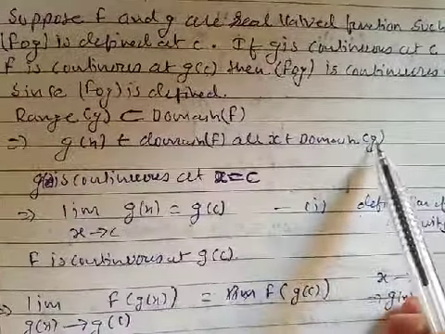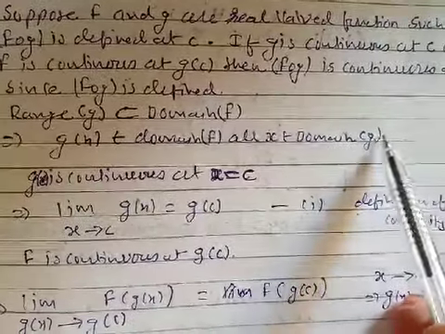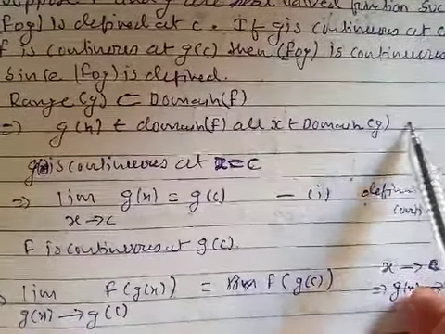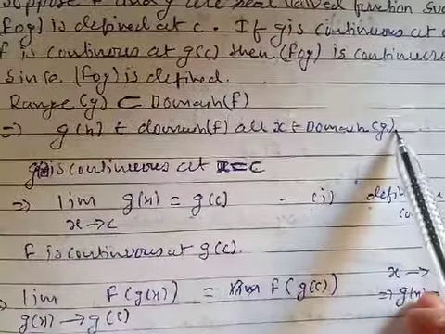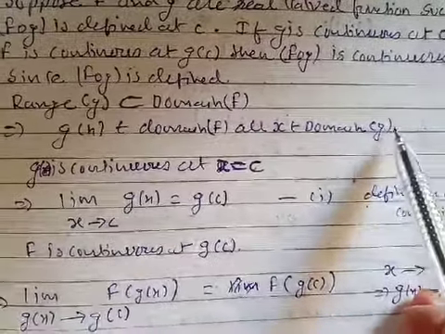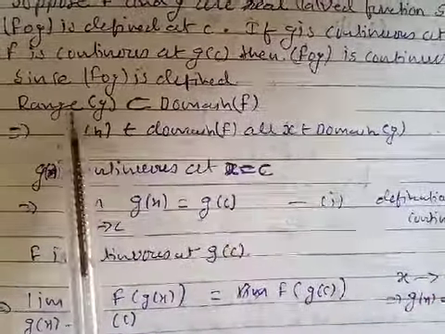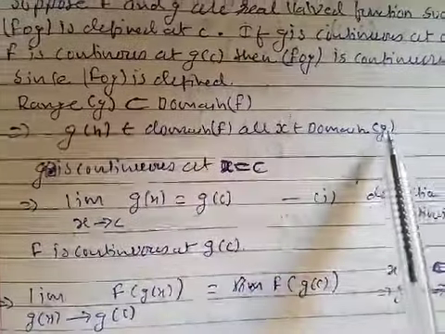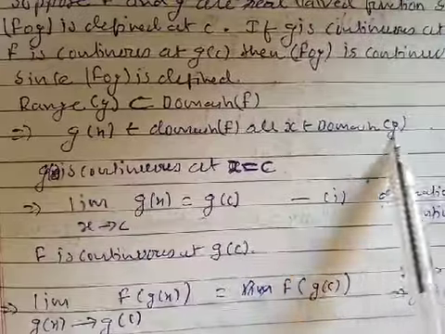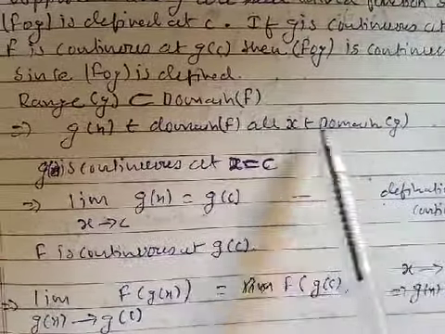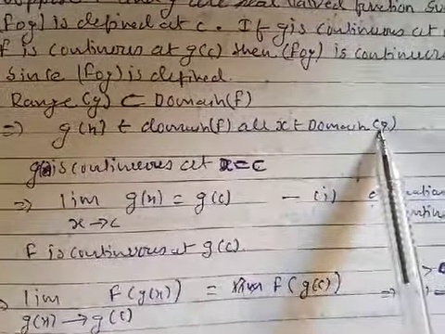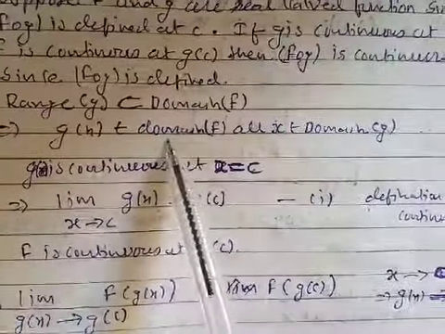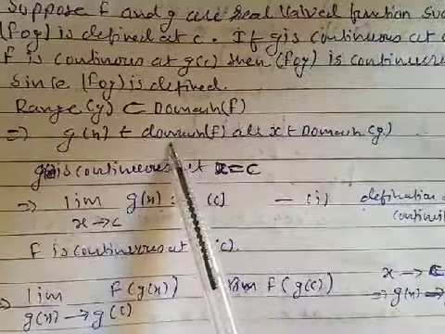Because whatever is in the domain of g, if we substitute and operate on the function, we get the range of g. And what is said is that the range of g is a subset of the domain of f. It means that directly we can say that every element of the domain of g is also included in the domain of f.